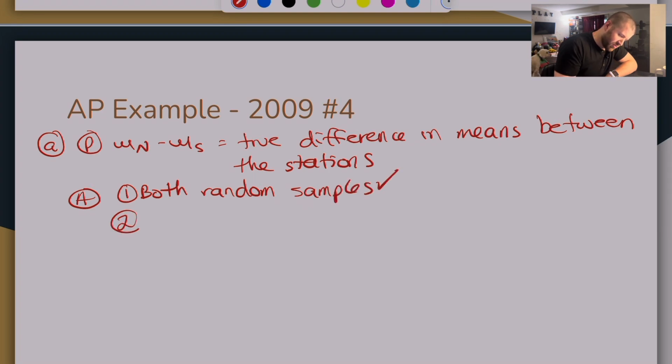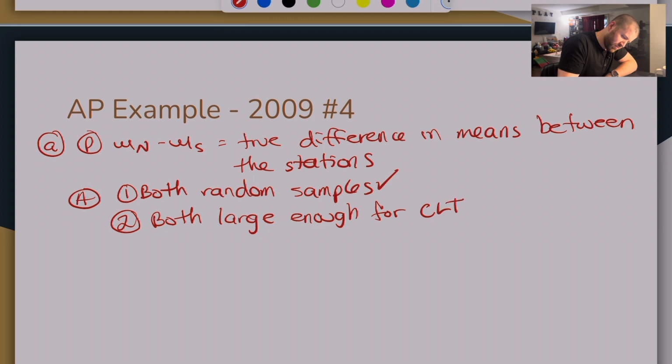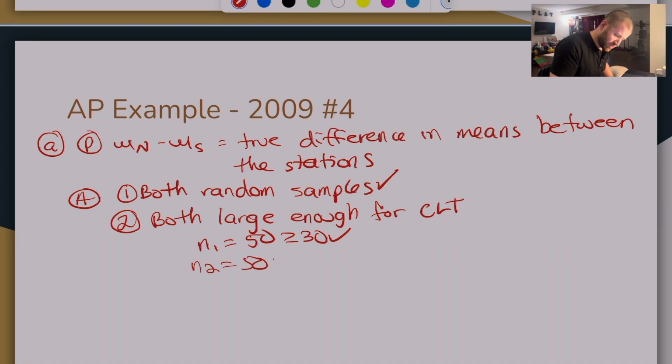They are both random, and I need both large enough for the central limit theorem. So I need them both to be greater than or equal to 30. So I know the first one is 50, which works. And I know the second one is also 50, which works.